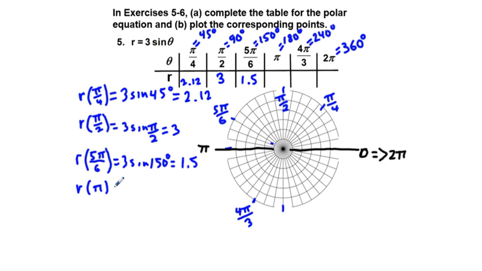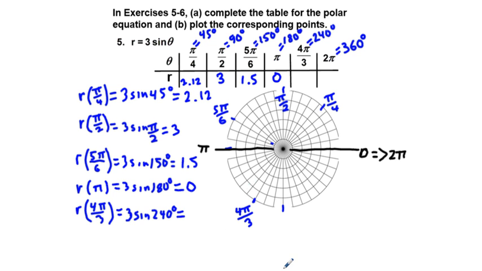Okay, r of pi is equal to 3 sine 180 degrees. Well, the sine of 180 degrees is 0, so what we have here is 0. And then we have r of 4 pi over 3 is equal to 3 sine 240 degrees.